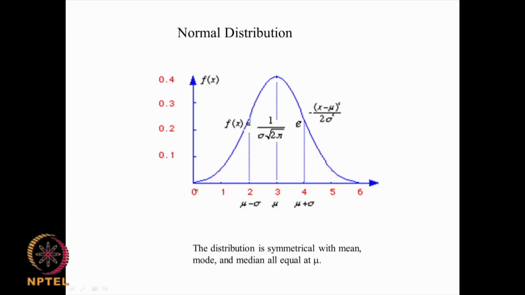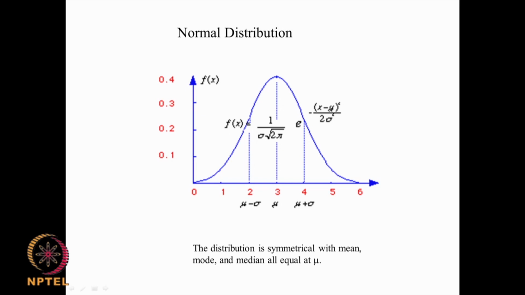So normal distribution is very uniform, it is bell shaped. The area under the left hand side is exactly equal to the area under the right hand side. The equation is given like this: f(x), that is the probability function of x, is equal to 1 by sigma square root of 2 pi, e power minus (x minus mu) whole square by 2 sigma square.